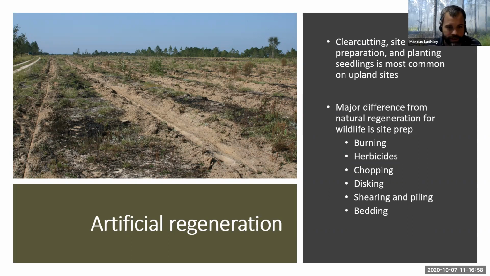From a wildlife standpoint, though, the difference in artificial regeneration or natural regeneration for clear cutting is not actually in whether or not we bring the trees from off site that we're going to regrow. It actually has to do with site prep, and we do all kinds of things. What you're looking at right here, we have bedding that occurs really commonly, and it's basically dragging a plow through there to raise the beds, and then we plant the seedlings in the bed.